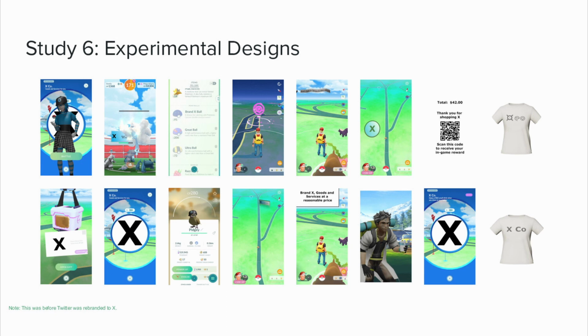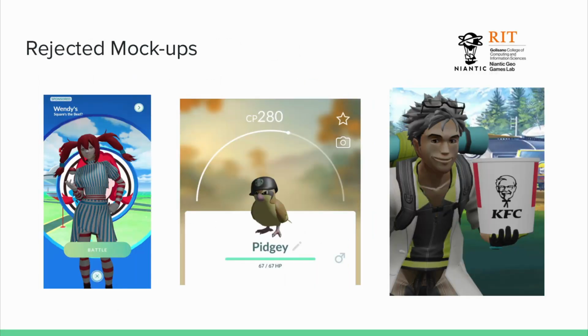Although I did generate some brand name examples, I didn't use them for obvious reasons because I didn't want to bias user responses based on their pre-existing exposure to various brands. But Wendy was literally the idea that someone pitched to me, so I felt like I needed to make it. Then we've got Barista Pidgey and of course Canto Fried Chicken.